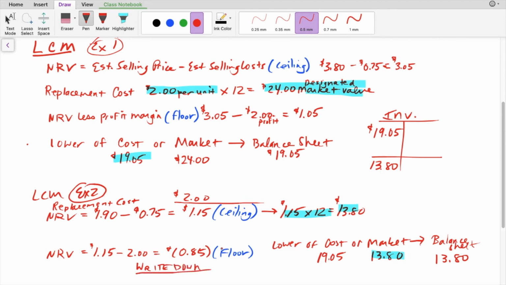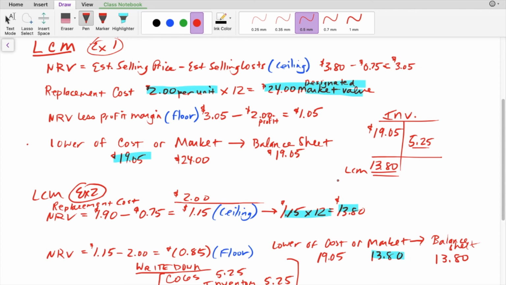The journal entry I'm going to make is cost of goods sold for $5.25 and a credit to inventory for $5.25. When I make that entry in my books, I have a credit to inventory for $5.25 that gets posted. I now have a balance in inventory of $13.80, which is the lower of cost or market value.